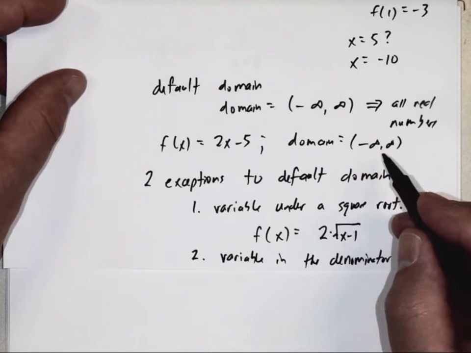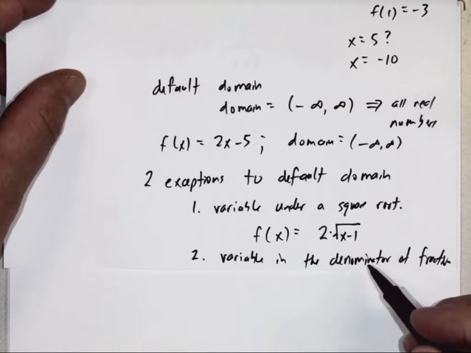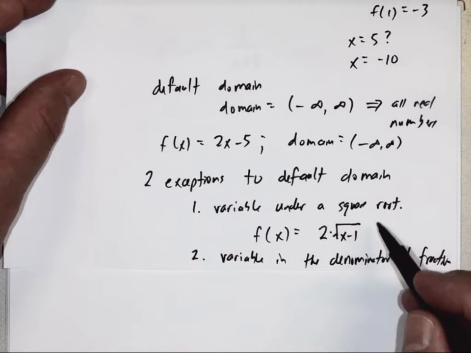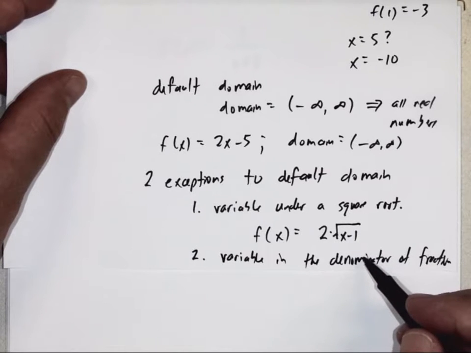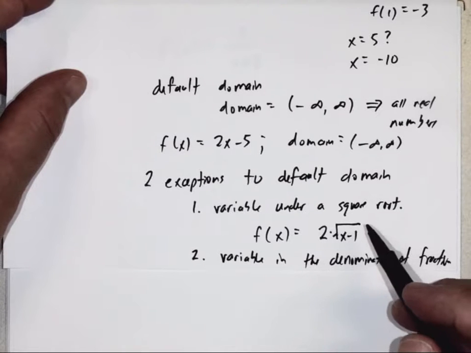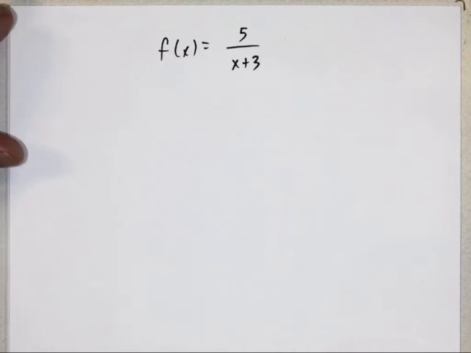That's our starting point, and then we go looking to see if we have either or both of these exceptions. And if we have these exceptions, then the domain is going to change. So let's go ahead and see how the domain changes based upon having these exceptions.